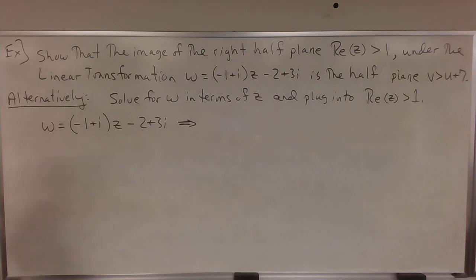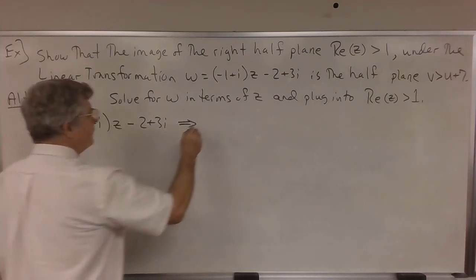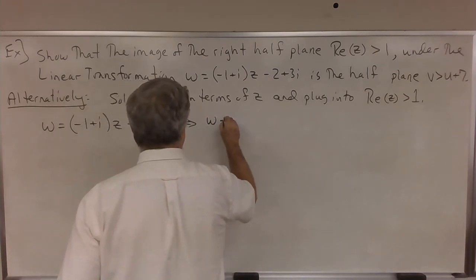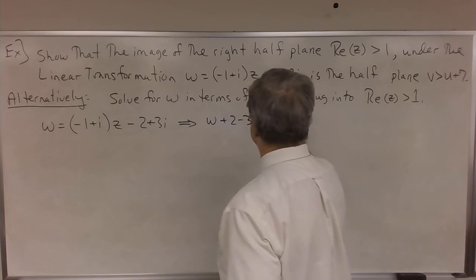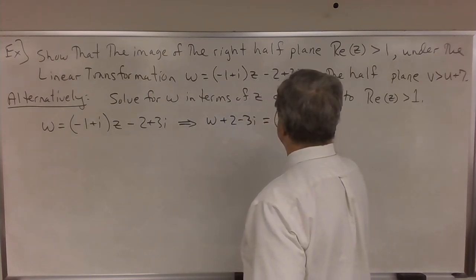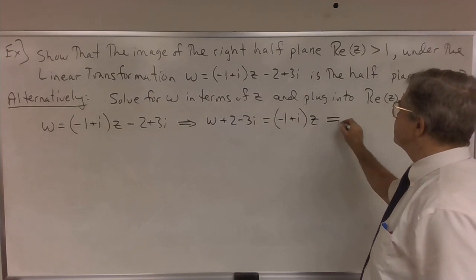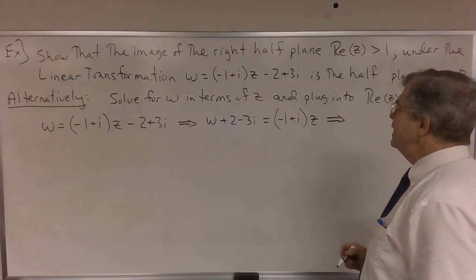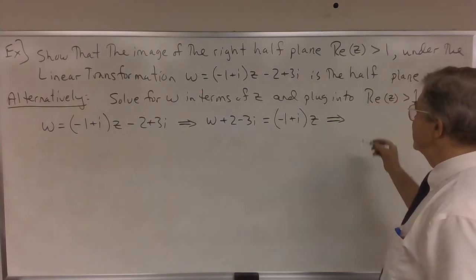Well, I guess the first thing I'm going to do is add 2 and subtract 3i. And then I guess I'll divide by negative 1 plus i.